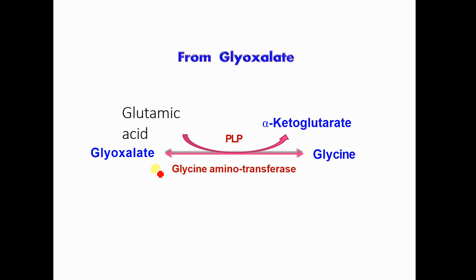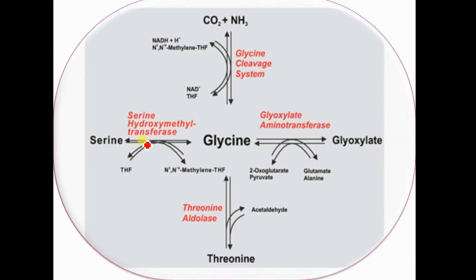Glyoxylate is a keto group, and it will accept the amino group from glutamic acid, and this glutamic acid will be converted to alpha ketoglutarate, catalyzed by the pyridoxal phosphate dependent enzyme glycine aminotransferase, and forms the glycine. So these are the sources of your glycine.